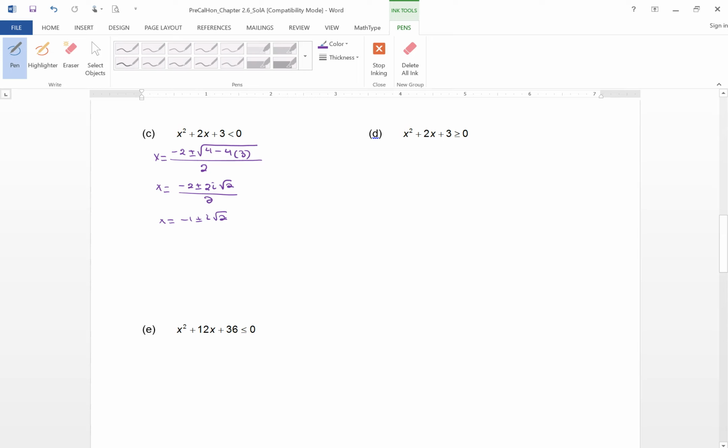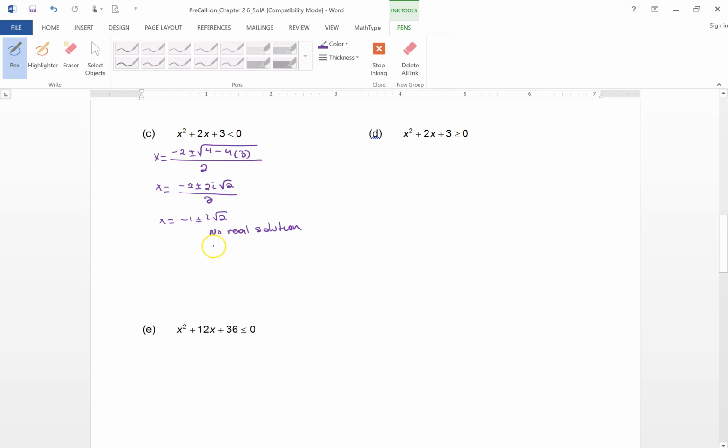So what do I put on my number chart? This does not have a real solution, so there is nothing, no real solution. No, because that's for the real number system.